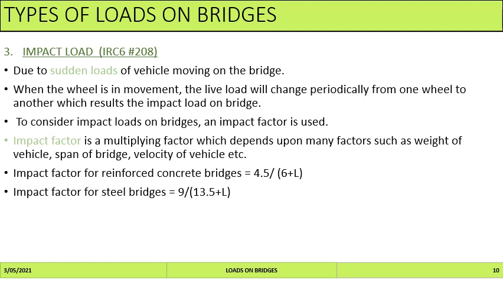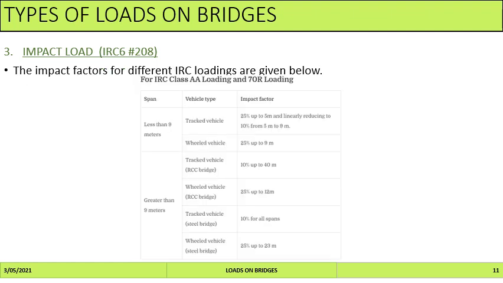Impact factor for reinforced concrete bridge equals 4.5 by 6 plus L, and for steel bridge equals 9 by 13.5 plus L. This L is the span of the bridge. Impact factor for different IRC loadings is given here.